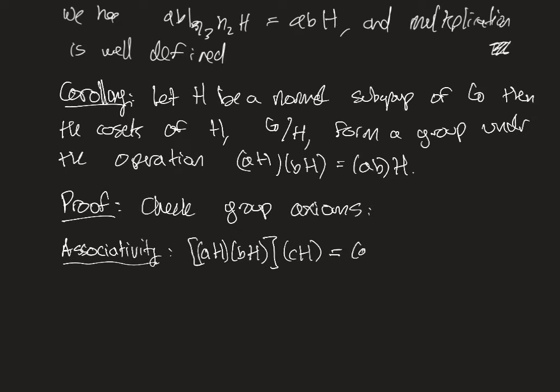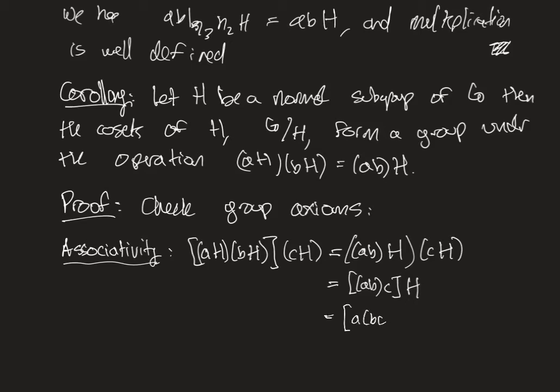So here I would get abH times cH, which gives me (ab)cH. But now, since multiplication in the group itself is associative, I can reassociate this product and I get a(bc)H.